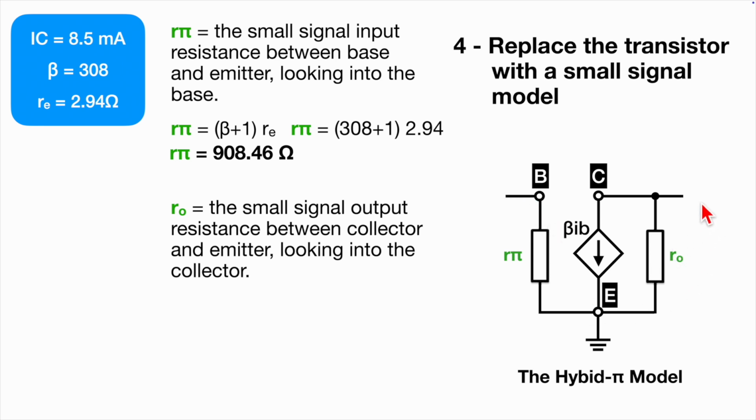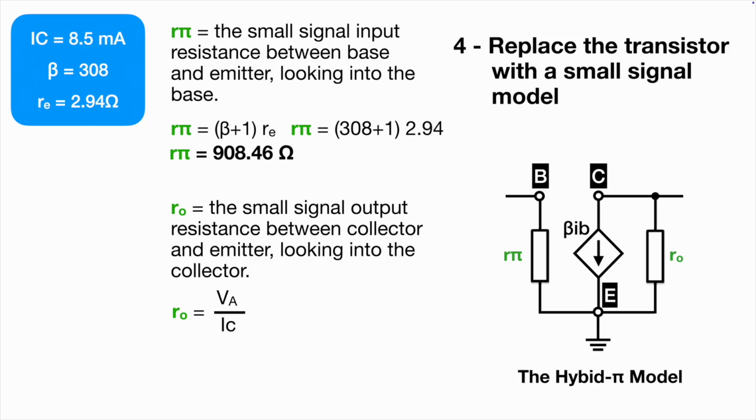This one we're looking into the collector between the collector and the emitter. And R sub O is VA divided by IC. Well, we know what IC is because that's the quiescent collector current, 8.5 milliamps.